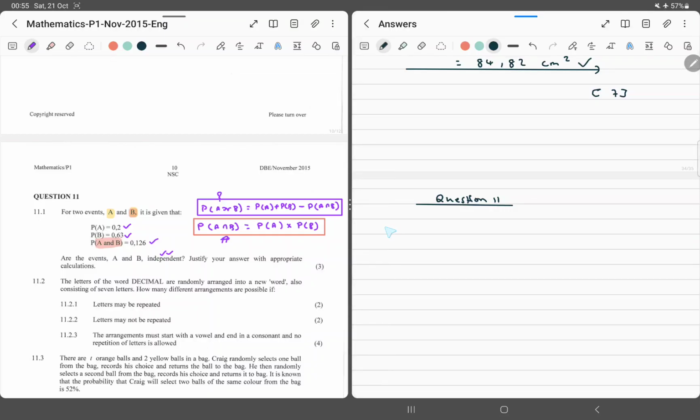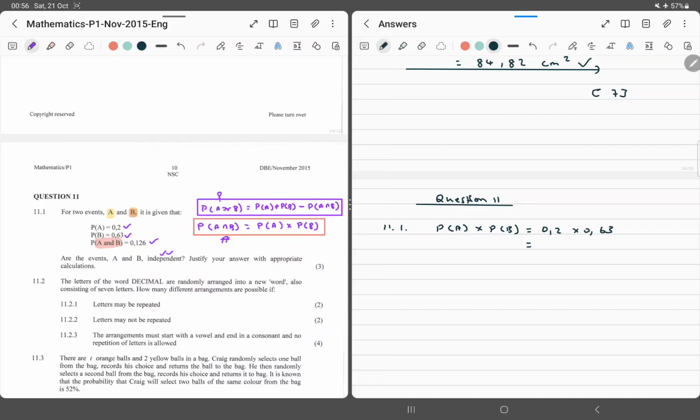So we can simply say to answer 11.1, let's test the product rule. So let's say P of A multiplied by P of B is going to be 0,2 times 0,63.